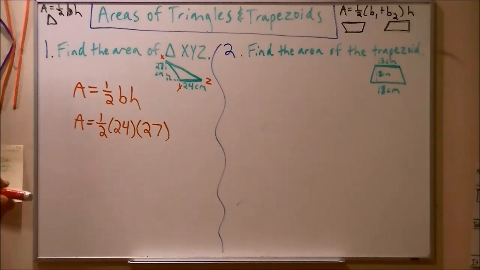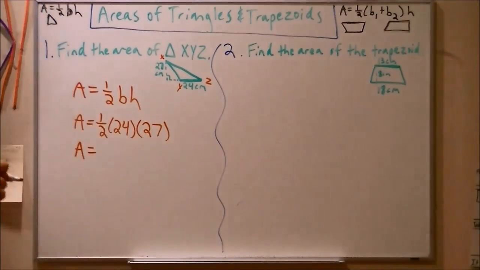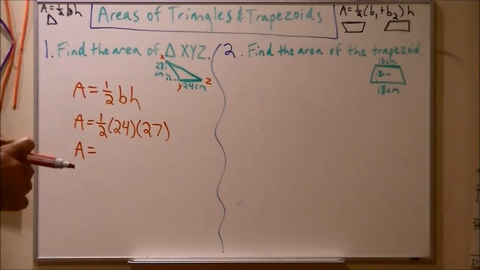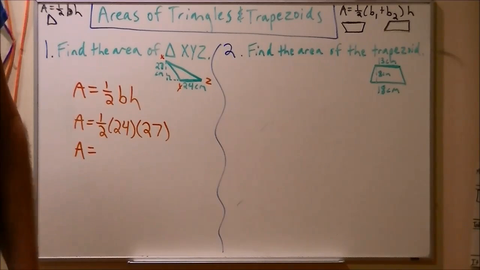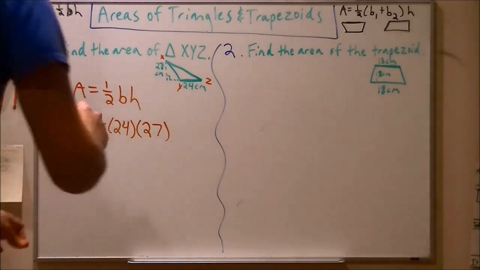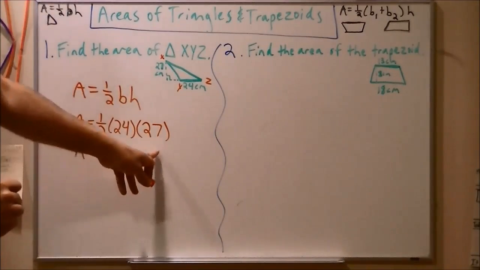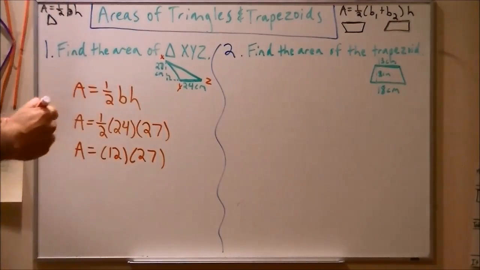So, we can do at least part of this in our heads. What is 1/2 times 24? An easy way to do that is just to say 24 divided by 2. What's 24 divided by 2? That's 12. And then we still have the number 27.